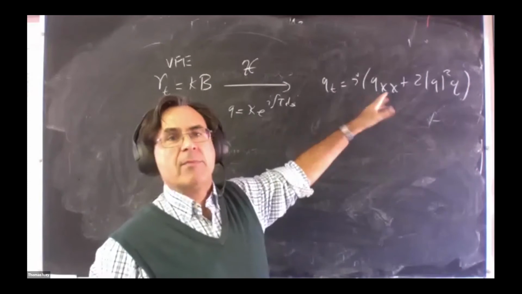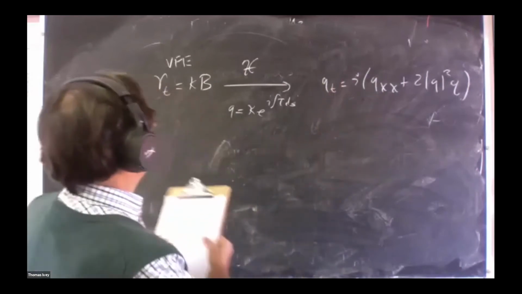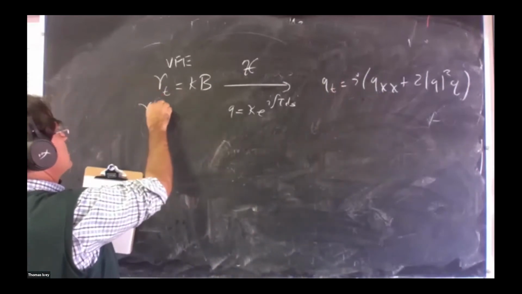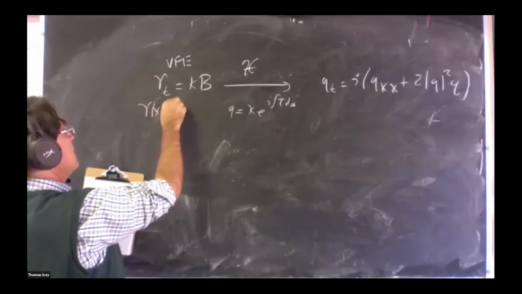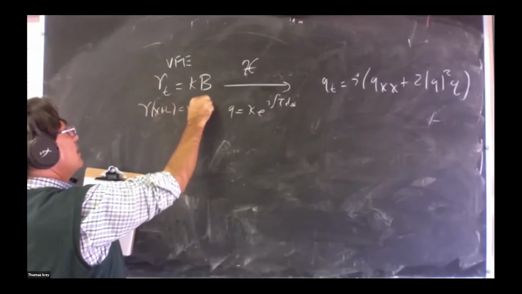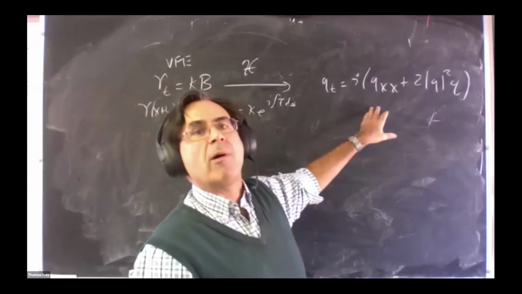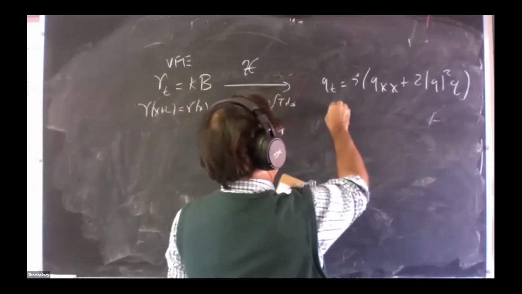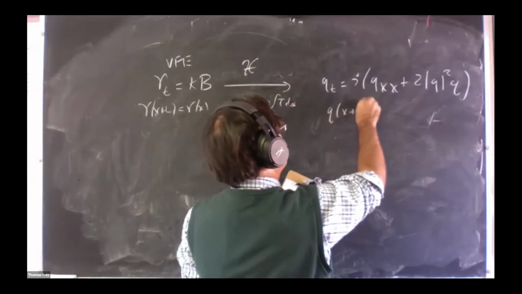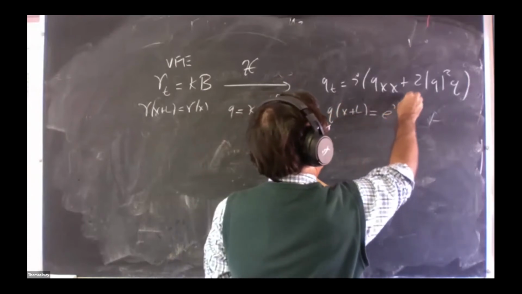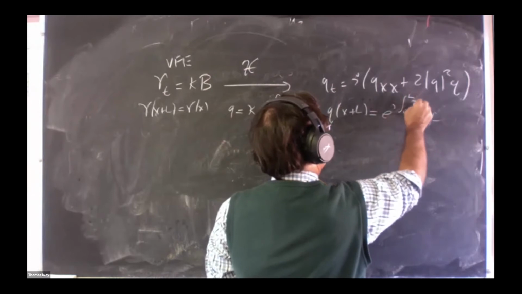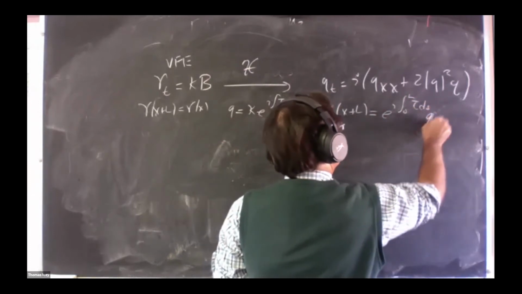If gamma of x plus L is gamma of x, so this is a closed curve of length L, then Q will be quasi-periodic: Q of x plus L will equal e to the i integral of torsion ds times Q of x.